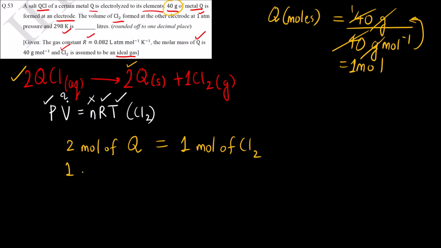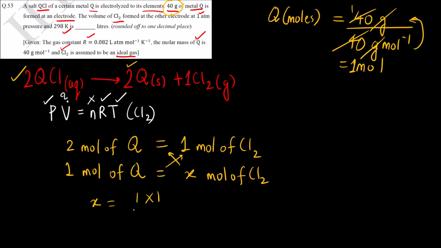By using the unitary method, 2 moles of Q gives 1 mole of Cl2. So 1 mole of Q will give how many moles of Cl2? That will be 0.5, or half, 0.5 mole of Cl2. Or the other way is you can assume this to be X and do cross multiplication. X will be 1 into 1 divided by 2, that will be 0.5.